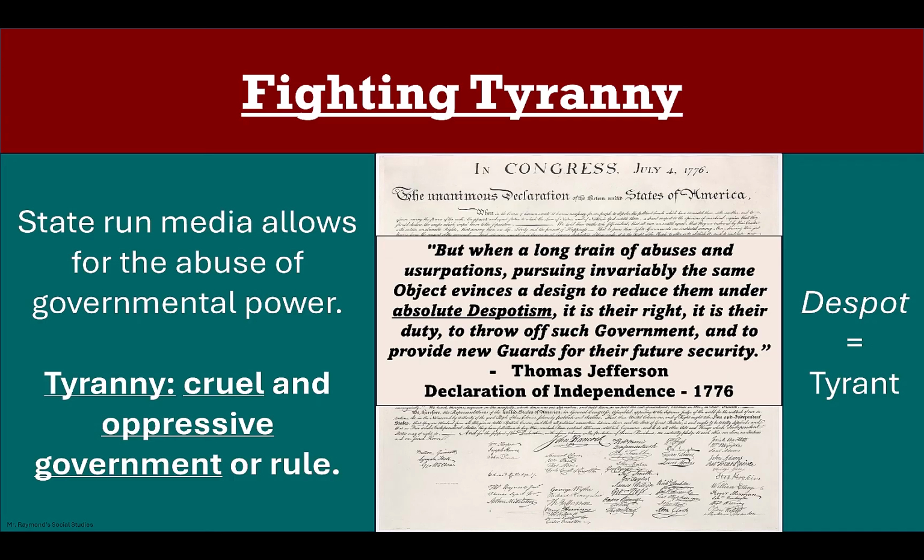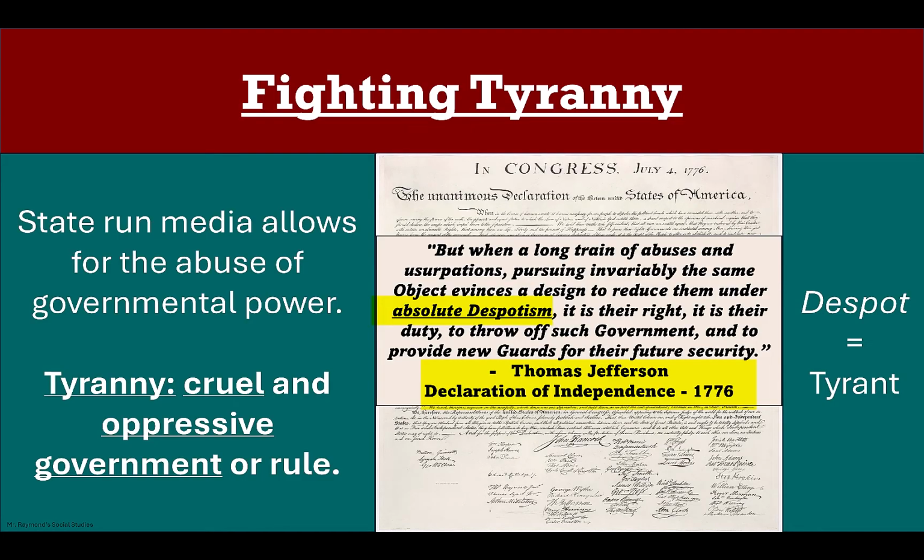Now let's look at a word that is guaranteed to be on your exam, and that is tyranny. Tyranny is a cruel and oppressive government or rule, and a tyrant is a leader who rules that way. Another word for tyrant or tyranny is despot or despotism, as used by Thomas Jefferson in the Declaration of Independence.